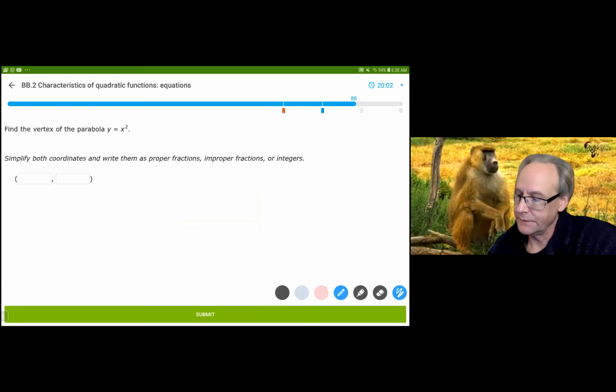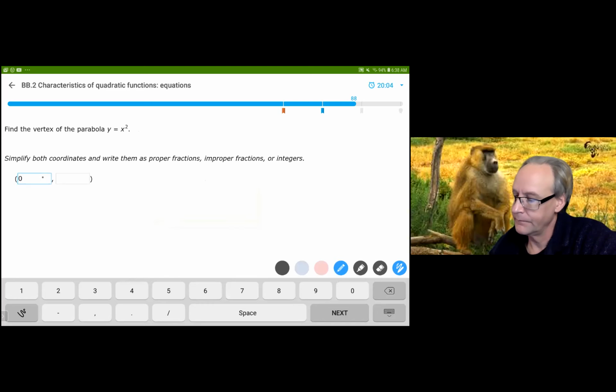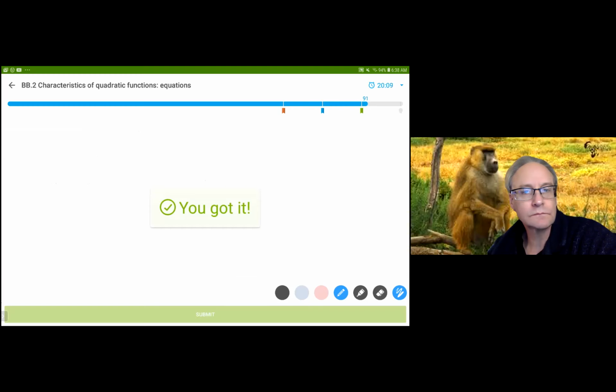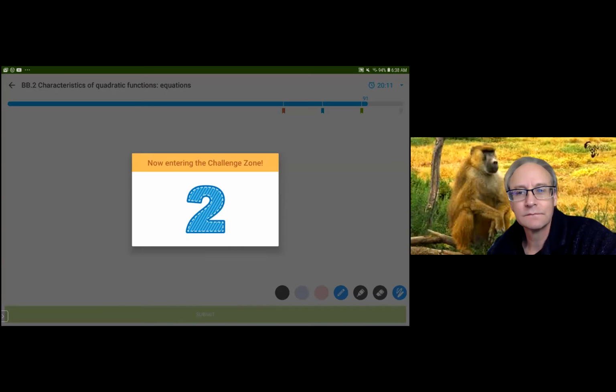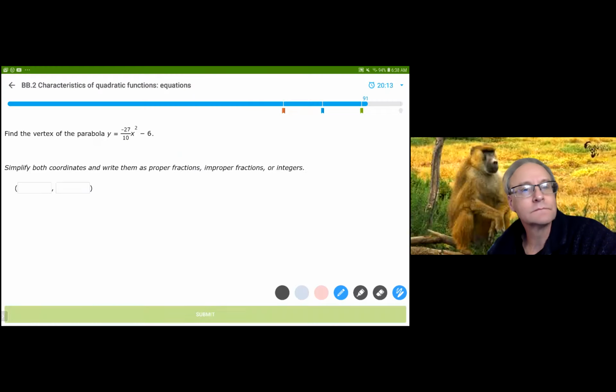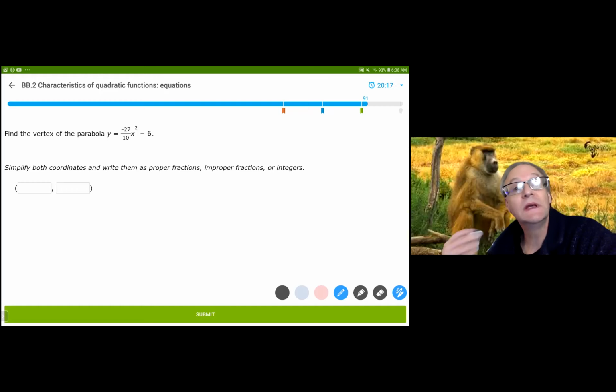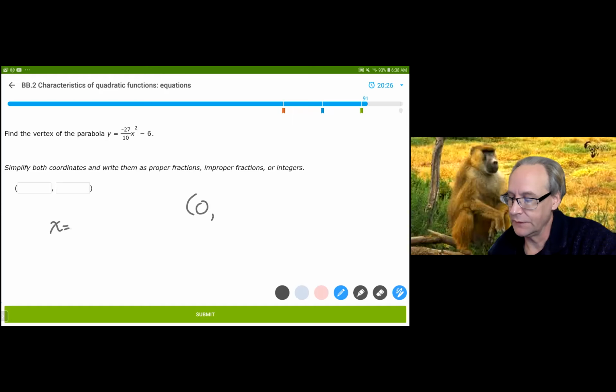Find the vertex, 0, 0. Negative b over 2a means that x is 0, isn't it? Remember, x equals negative b over 2a.